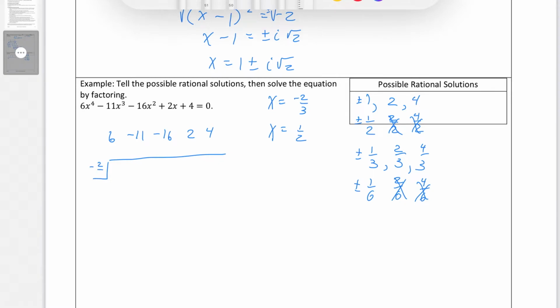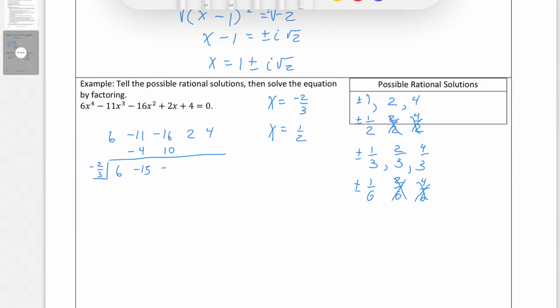Now it looks a little scary, but don't worry, it's going to be perfectly friendly. So drop the 6. Negative 2/3 times 6: 3 cancels into 6 twice, and negative 2 times 2 is negative 4. Now, add the column: negative 15. Negative 2/3 times negative 15: negative times negative is positive, 3 cancels into 15 five times, and 5 times 2 is 10.